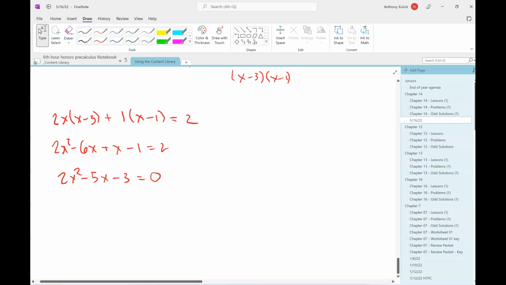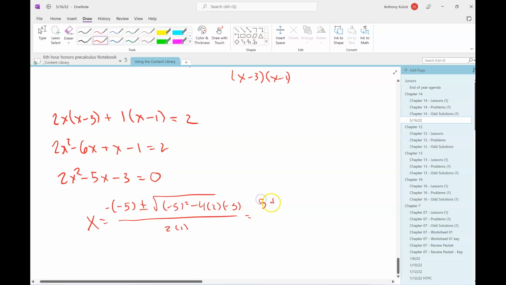Now, this one certainly does factor and it works and it's not that hard to get to. But the quadratic formula also is pretty easy, so if I'm ever in doubt as to whether something is that factorable or not, I just quadratic formula it. So 25 minus a negative 24 is 49.